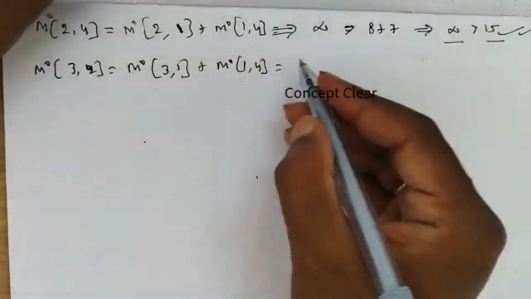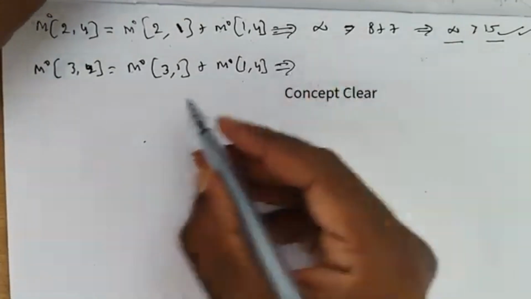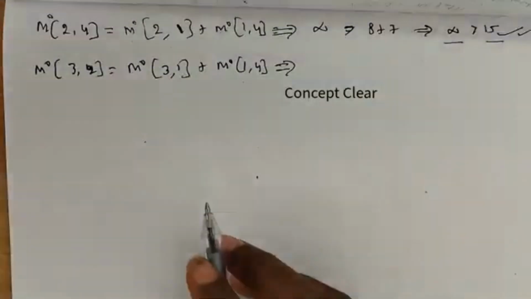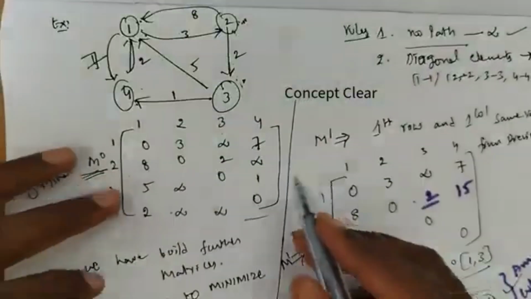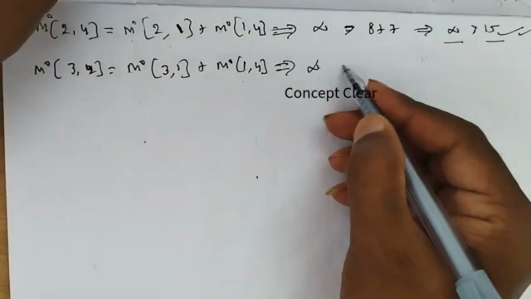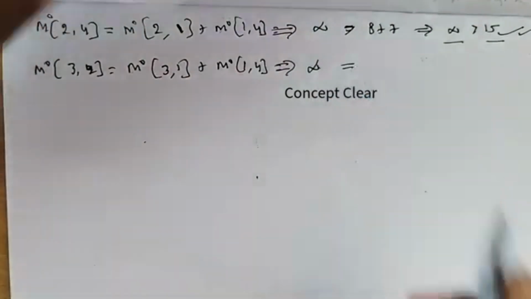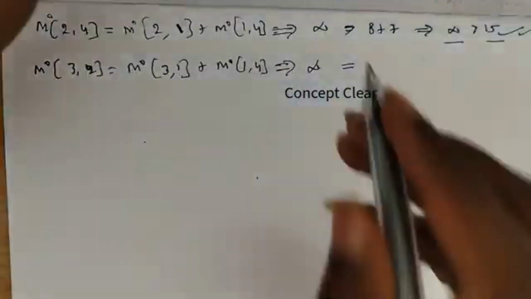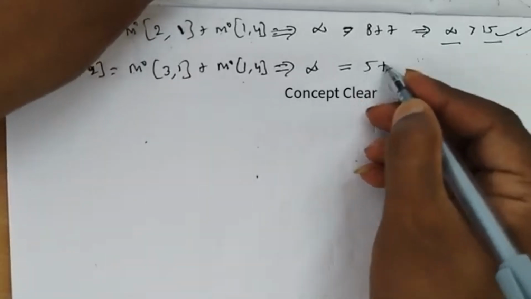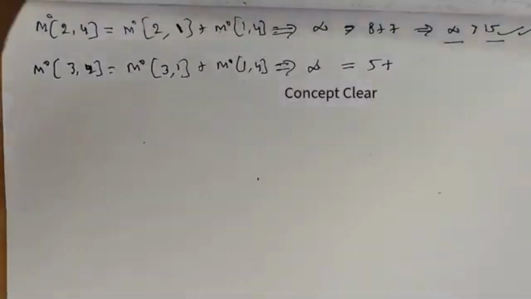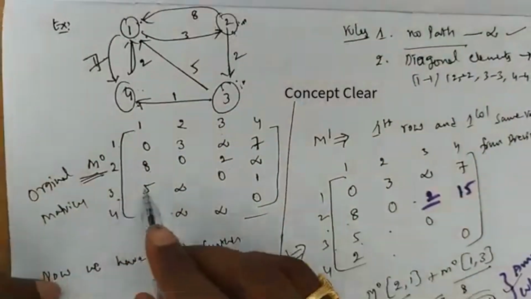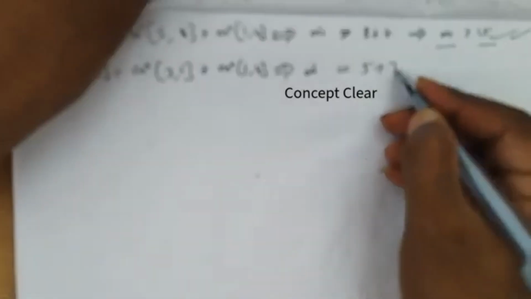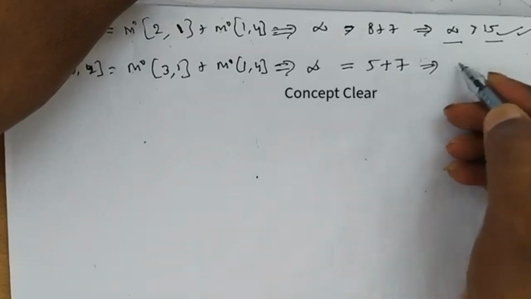Again, what is the value here? This m naught of 3 comma 2 is infinity, and what about this value? M of 3 comma 1 is 5, plus m of 1 comma 4, which is 7. So what is the value here? 15.